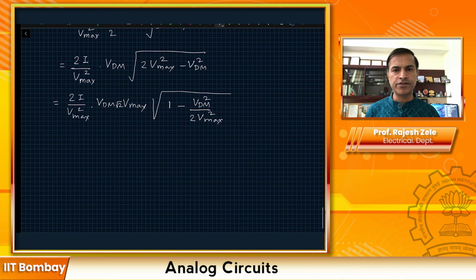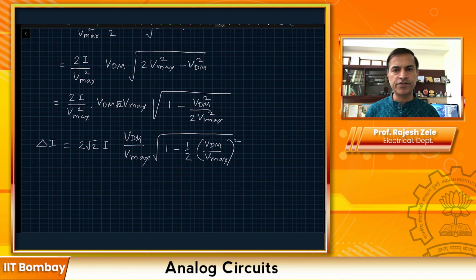Now we can collect the terms. Delta I will be equal to 2 root 2 times I, and one of the Vmax will go away, and you'll get VDM divided by Vmax, and now it will be very clear to you what's going on. And in the square root, what you're going to get is 1 minus half VDM divided by Vmax squared.